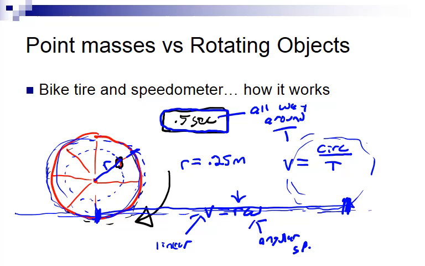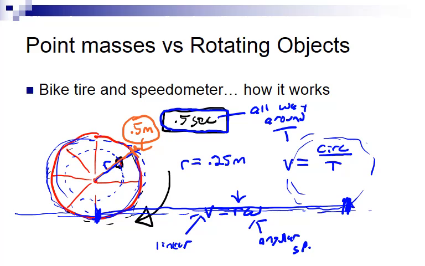So again, if it takes 0.5 seconds to go all the way around, and we know the radius to this point is 0.25 meters, let's say the radius to the edge here was 0.5 meters. That'd be a big tire, but that's okay.